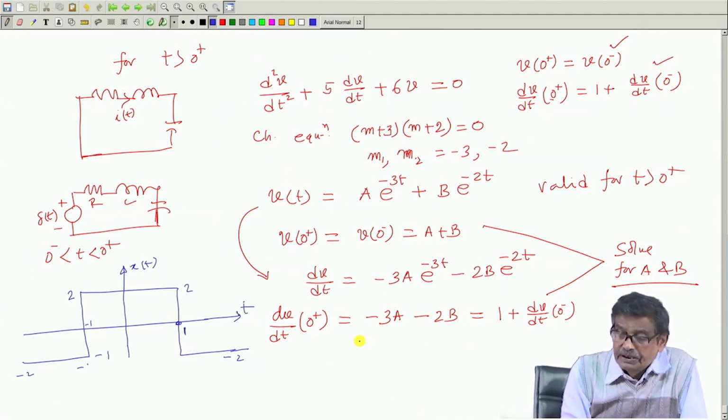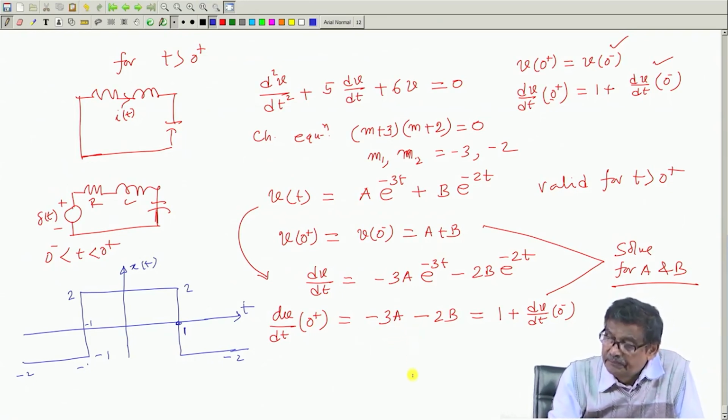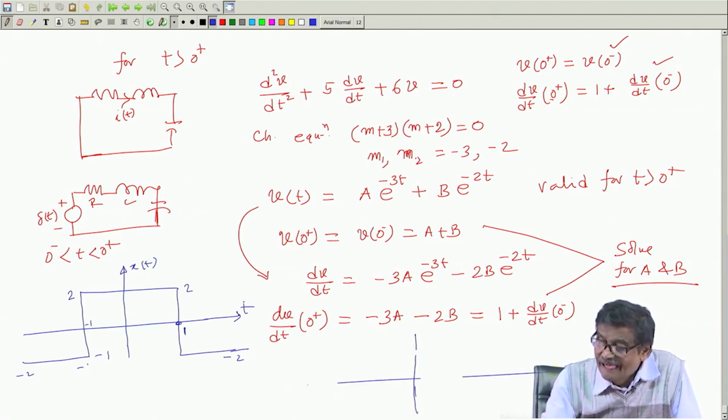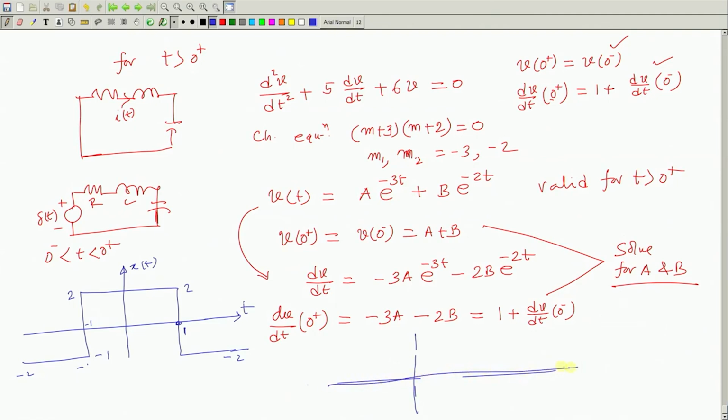Now, such a function, if I differentiate it with respect to time, you see the differentiation dx/dt of this signal. Before -1 it was a constant -2, so the differentiation will be 0, that is all.